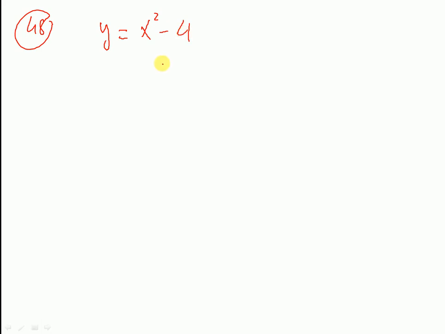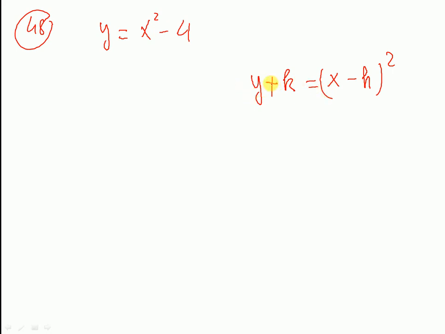Now, the vertex, what's the formula of the vertex? Okay, remember, we have y minus k equal x minus h squared. So this one is the formula.